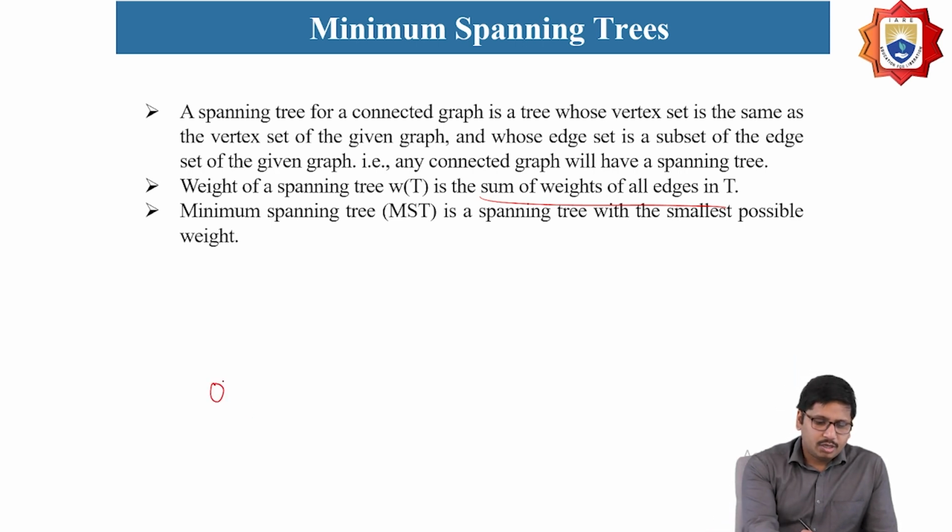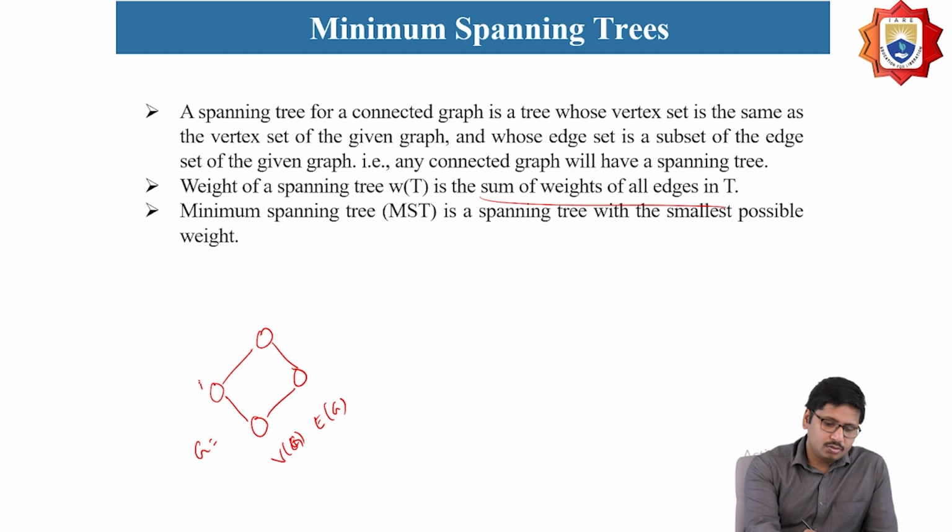Suppose I'm going to construct a graph G. Here a spanning tree is nothing but a graph whose vertex set should be the same, and the edge set a subset, but we have to find the smallest possible weight of that graph. If I have a graph like this, what are the possibilities of obtaining the spanning trees?